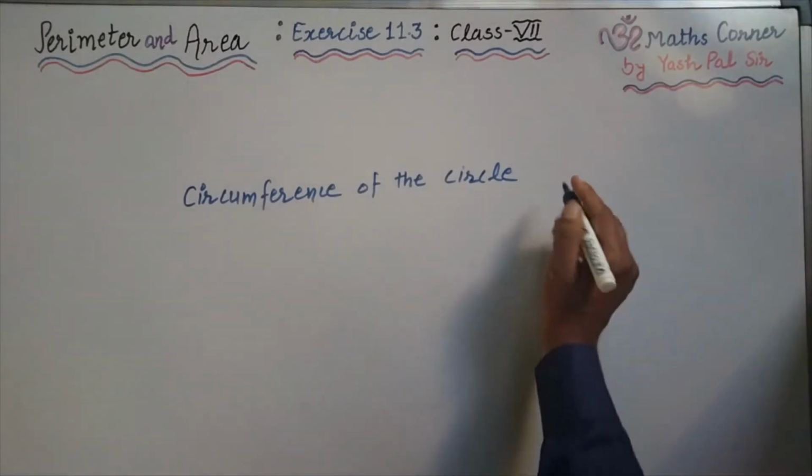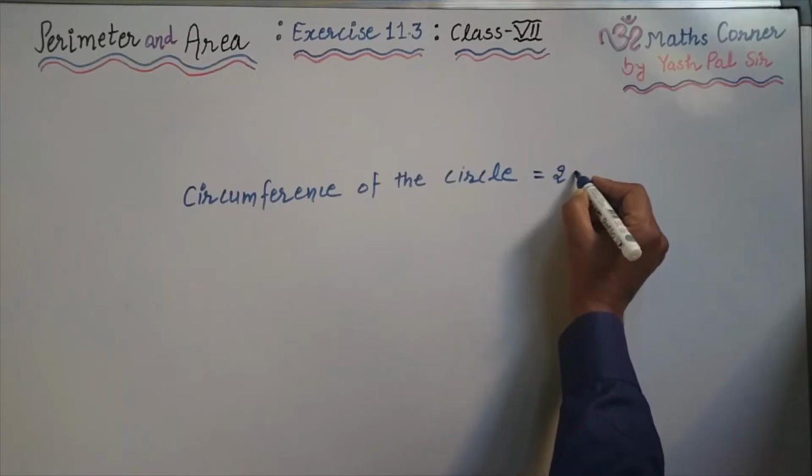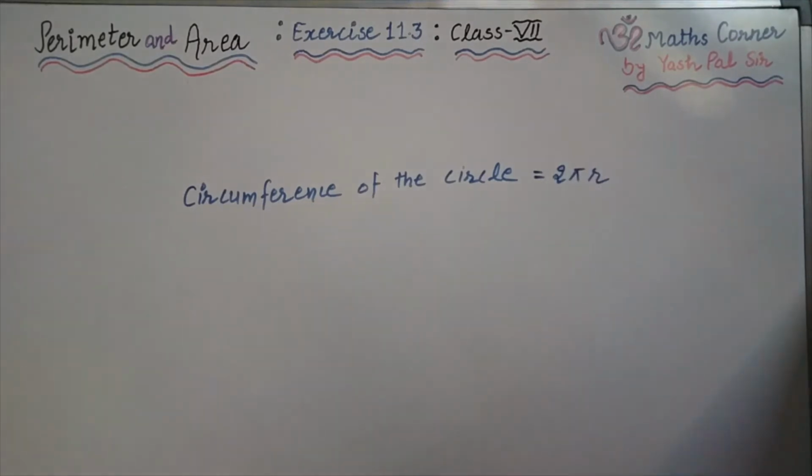So the formula for the circumference of the circle is 2 pi r.